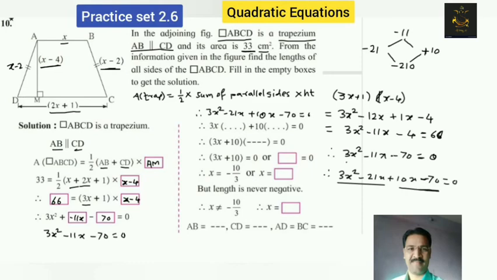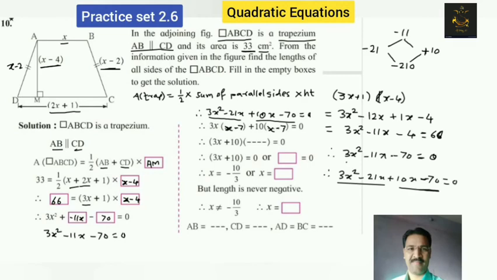Now just look here. The common term from the first two terms and the last two terms, what will come here now? We will take 3x common. Here must be x minus 7. Now here we will take 10 common. Here also x minus 7.